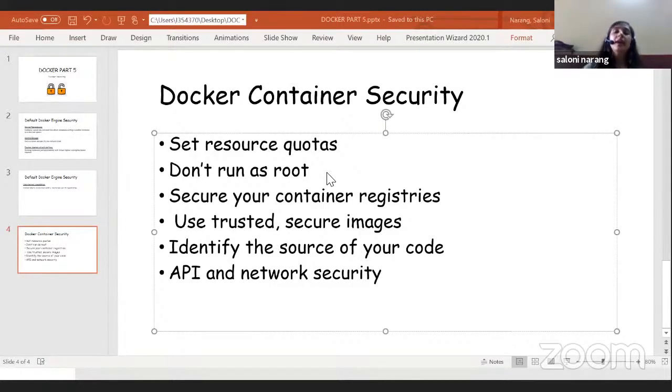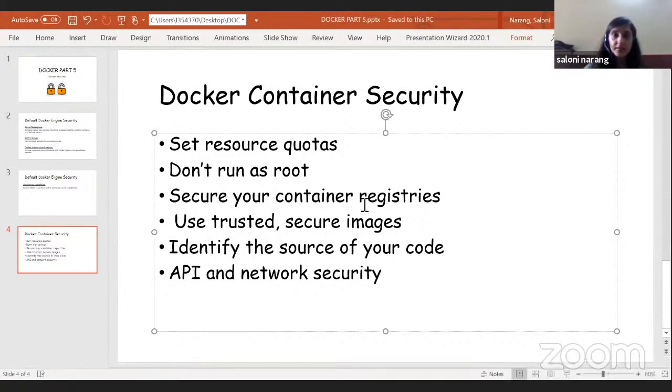So these were a few best practices that one could follow, and I will share a few links as well. If you have any doubt on these security things, please go ahead and reach out on my Twitter channel, I underscore Saloni 92.